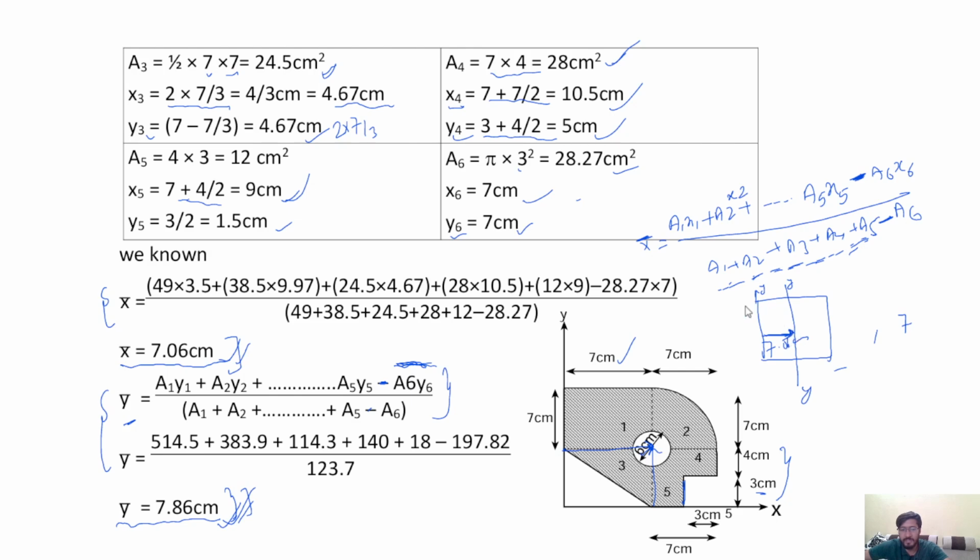And y bar equals 7.86, meaning from the reference x-axis this distance is 7.86. So the centroidal distances are 7.06 and 7.86 from the reference y-axis and reference x-axis respectively.